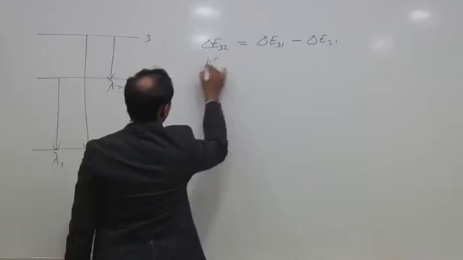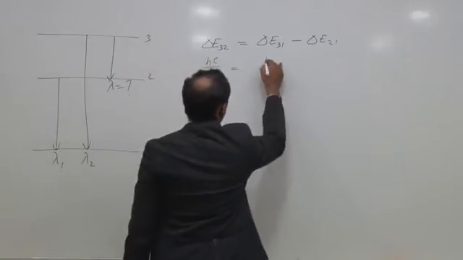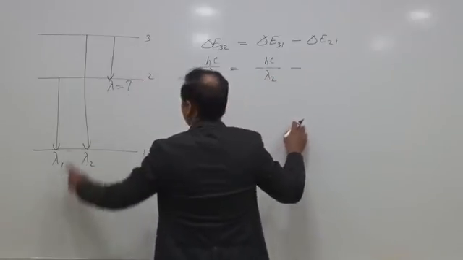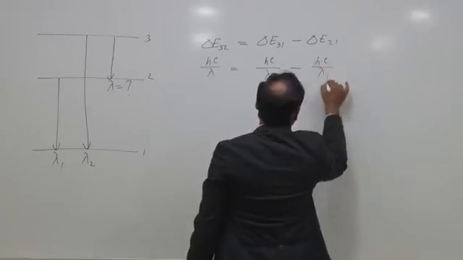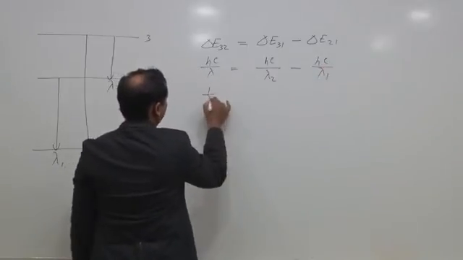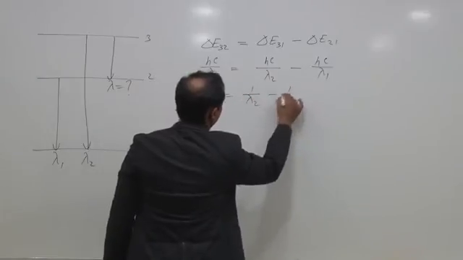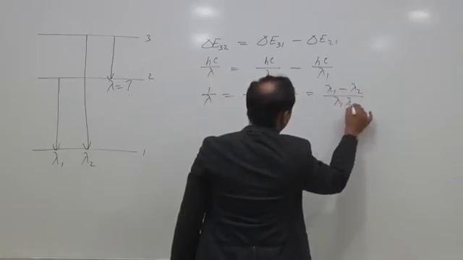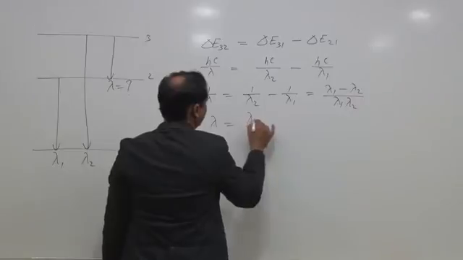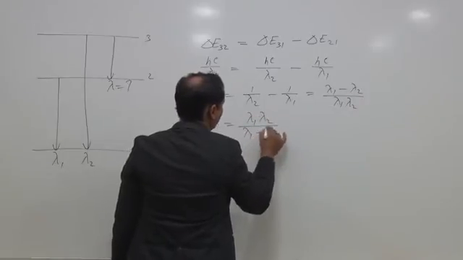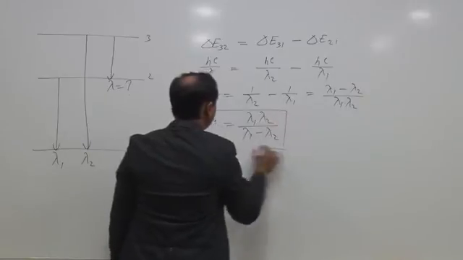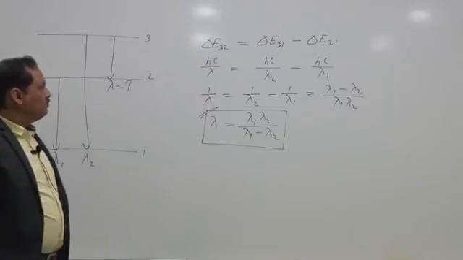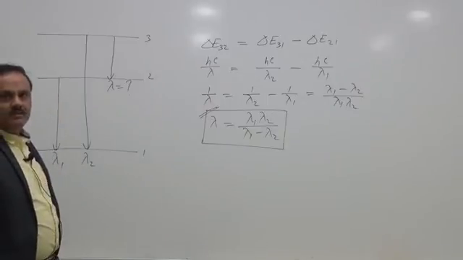So here we can write hc by lambda is equal to hc by lambda 2 minus hc by lambda 1, or 1 by lambda is equal to 1 by lambda 2 minus 1 by lambda 1, that is (lambda 1 minus lambda 2) by lambda 1 lambda 2, or lambda is equal to lambda 1 lambda 2 by (lambda 1 minus lambda 2). This is the wavelength of the emitted photon. Is it clear?